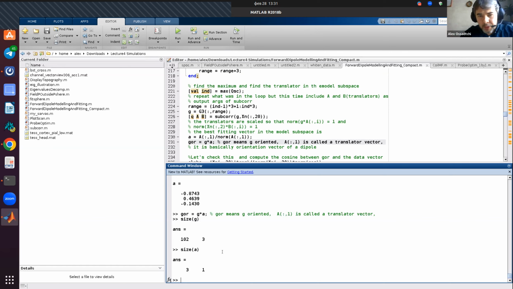Because you can make this experiment. Let's compute the angle between the first topography, the one corresponding to the x-oriented dipole, with my data. With my data, sorry.